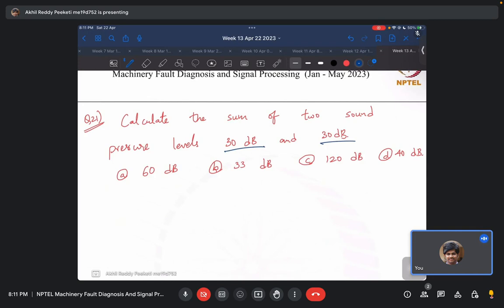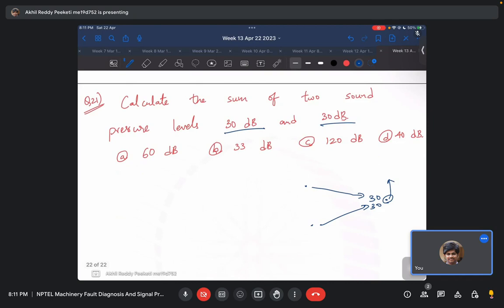Both of them are acting together, one giving 30 dB and the other giving 30 dB. At this point, what would be the effective pressure level?